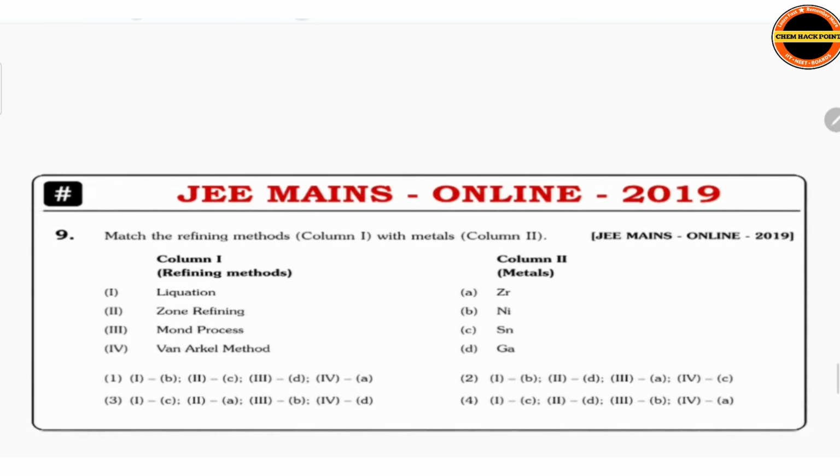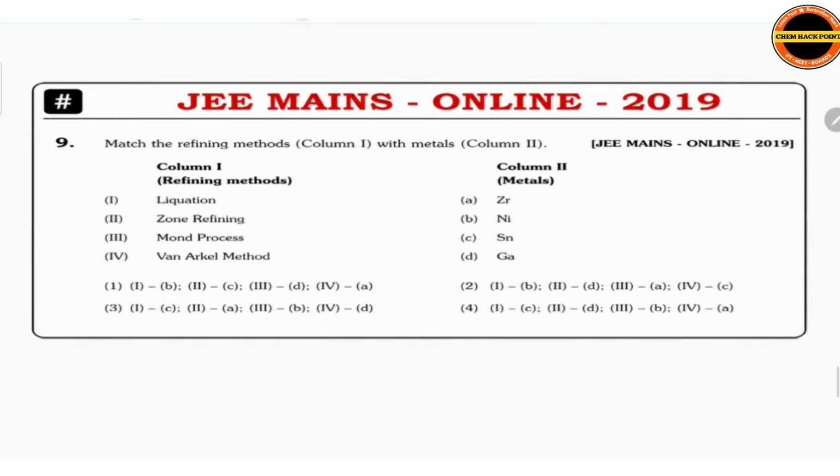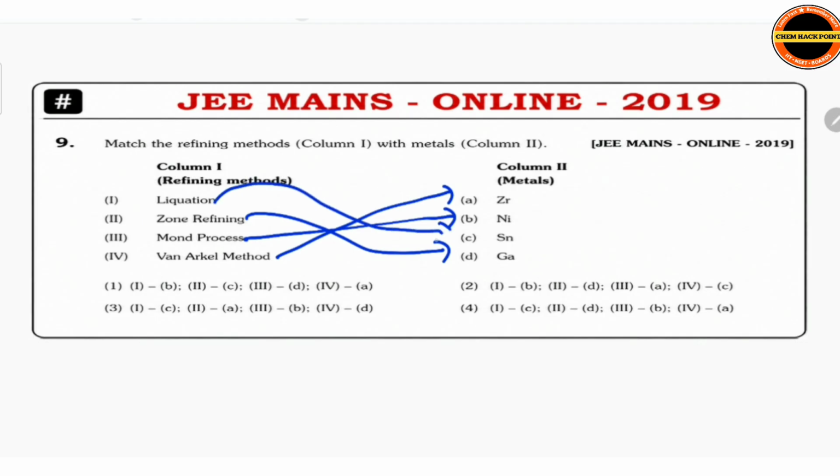Next, match the refining methods, column 1, column 2. So here the Mond process is for nickel. Yesterday we discussed the Mond process and the Van Arkel process. If you have not watched the previous video, once you watch it, the previous video. The Van Arkel method is for titanium and zirconium. Zone refining you can use for gallium. Liquation is for tin.